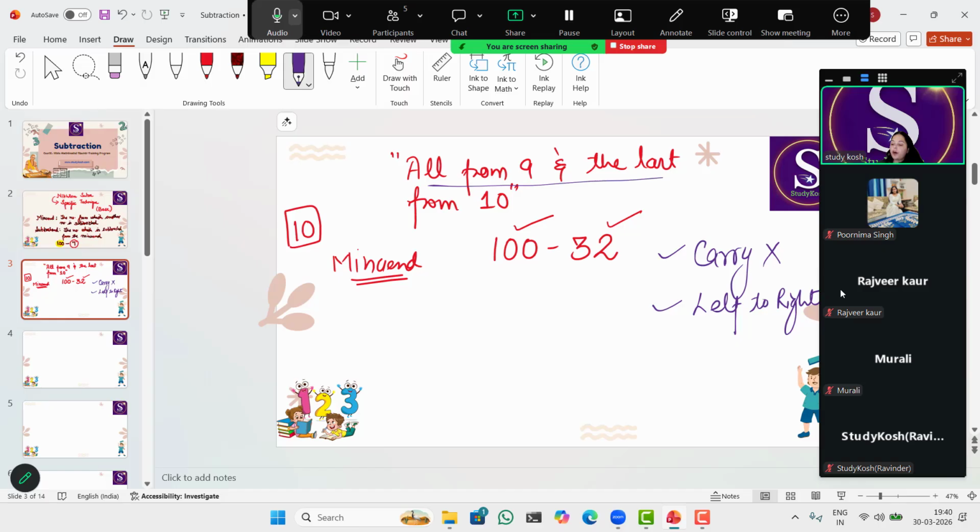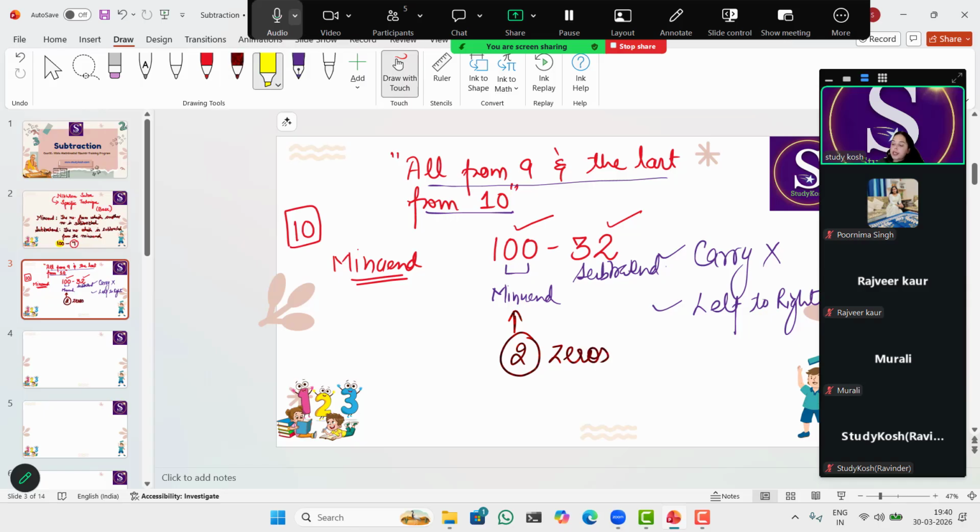In this example, I should write it first here. This is the minuend and this is the subtractand. The number of zeros in our minuend, there are two zeros, right? And if I look at my subtractand, we have two digits, right?